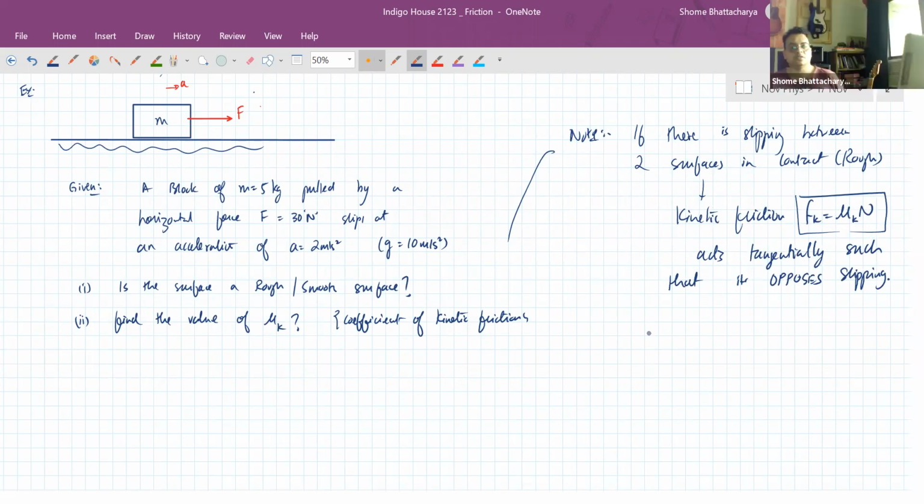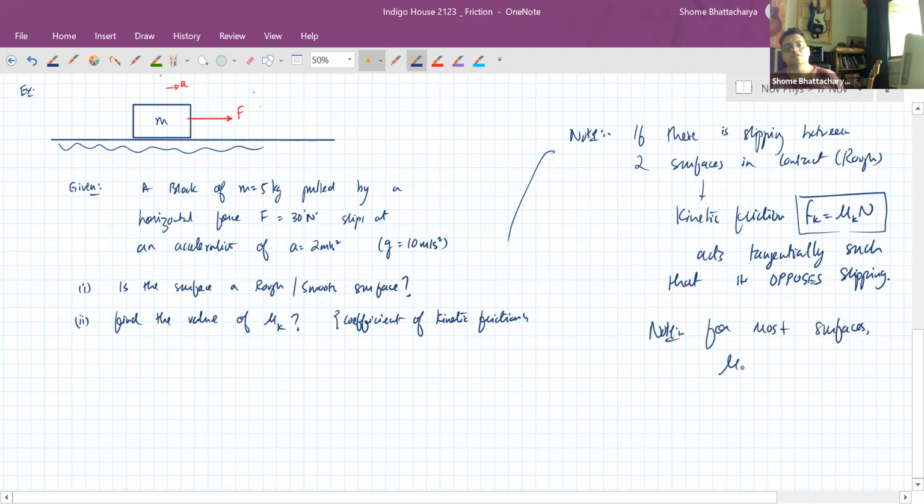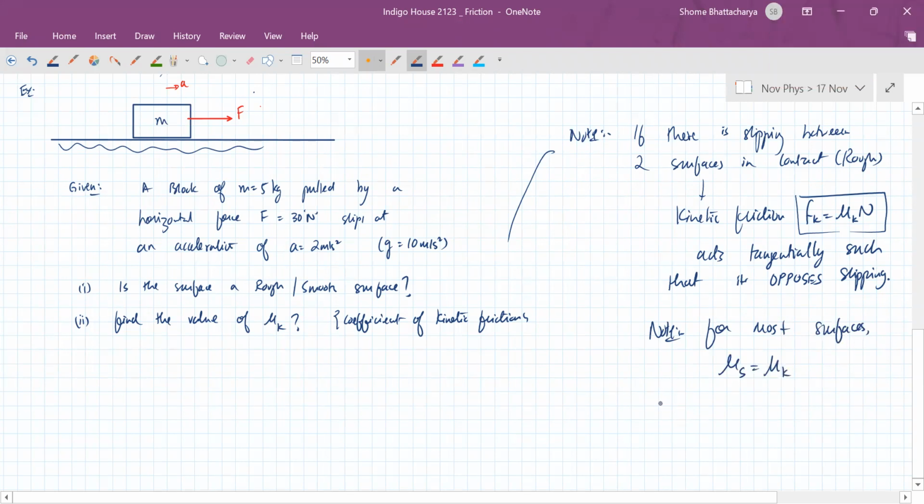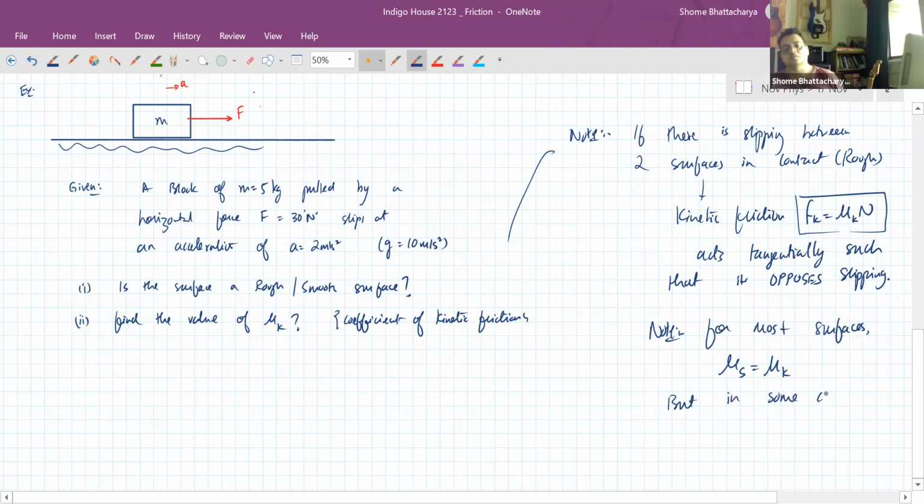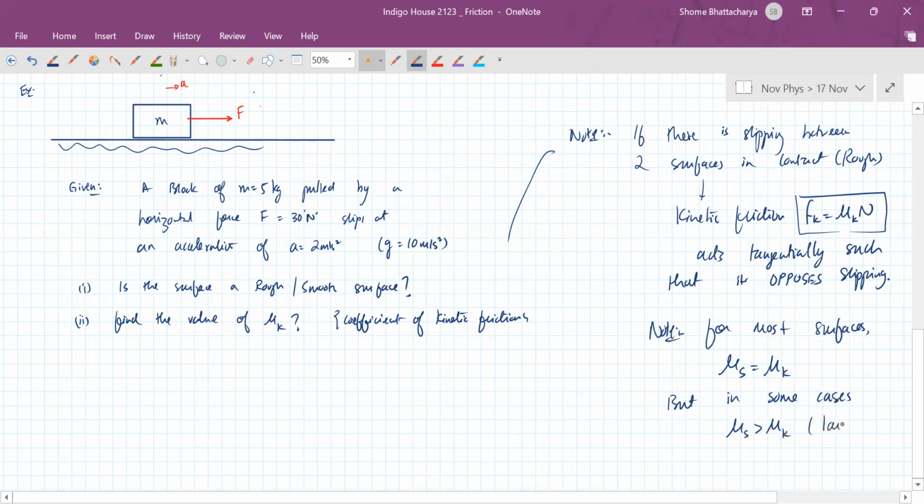And also additionally, for most surfaces, the value of static friction coefficient is equal to the value of kinetic friction coefficient, but in some cases this is larger, but larger by a very small amount.